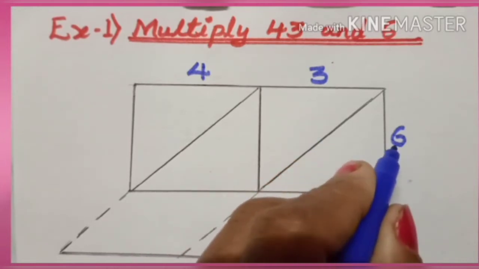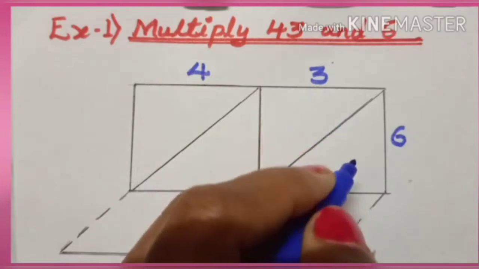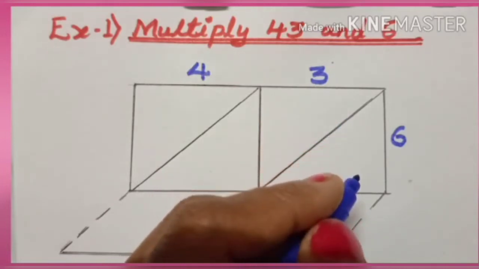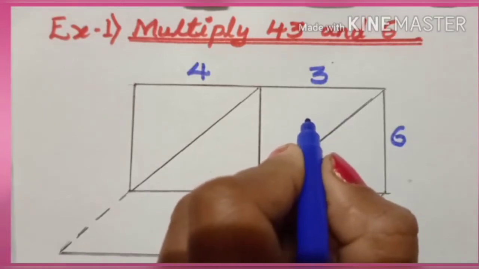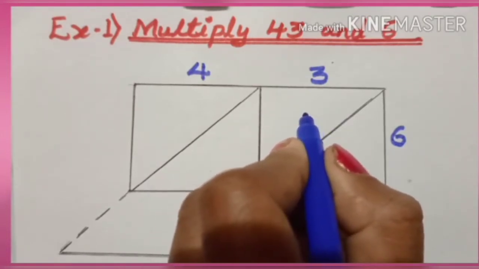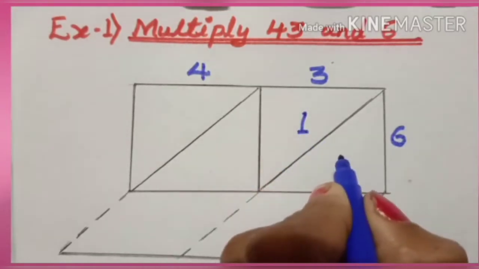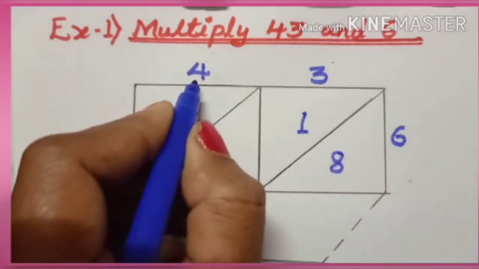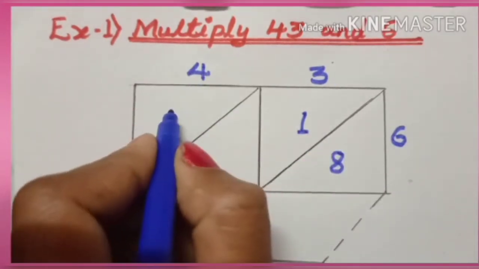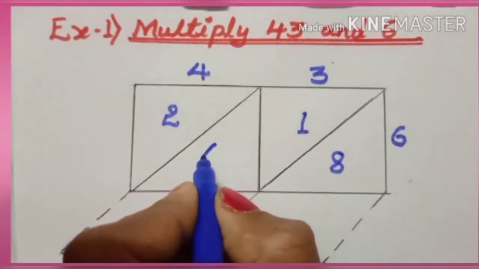See, 6 3s are 18. Write 1 and 8. 6 4s are 24. Write in the box.